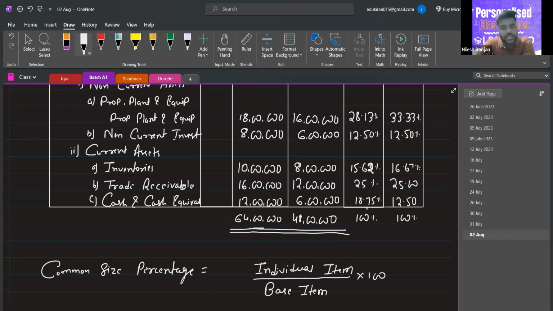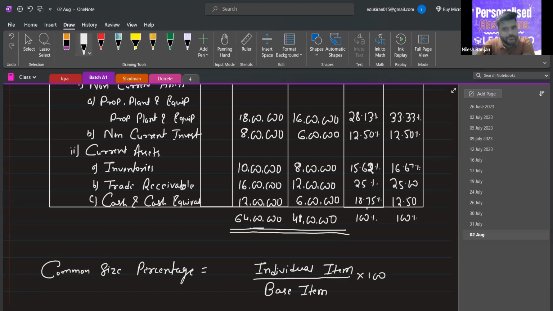But in the current year it is increased to 18.75%. Means we have more idle cash and cash equivalent now. Again, in inventories, in the previous year our inventory to total assets was 16.67%, but it is now 15.62%. Means our closing stock, the inventory at the end of the year, is lower, which is good.